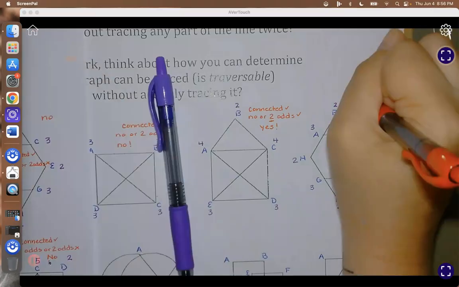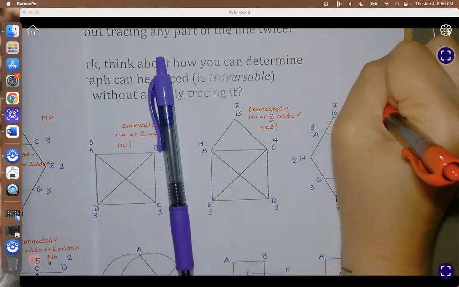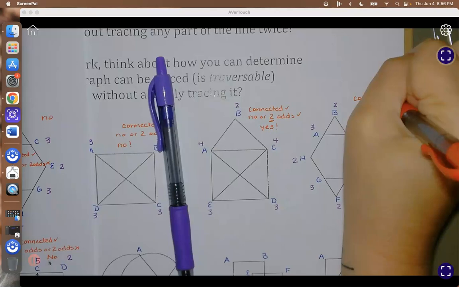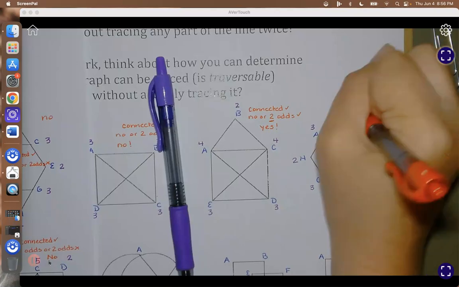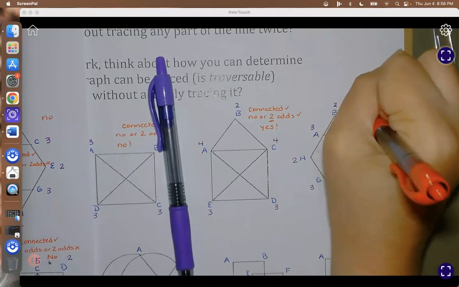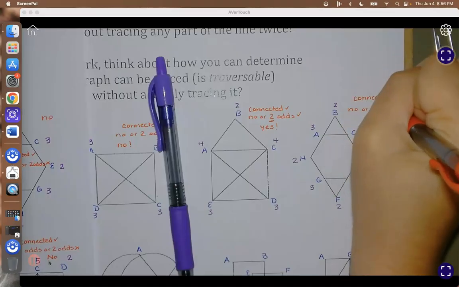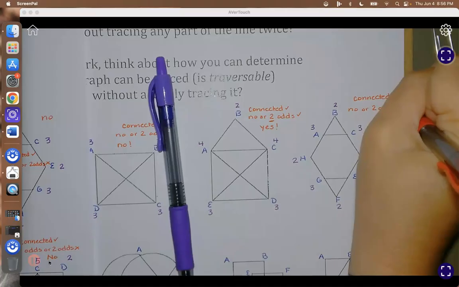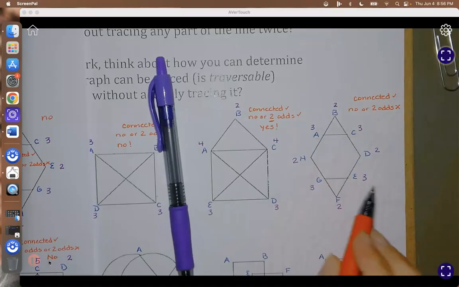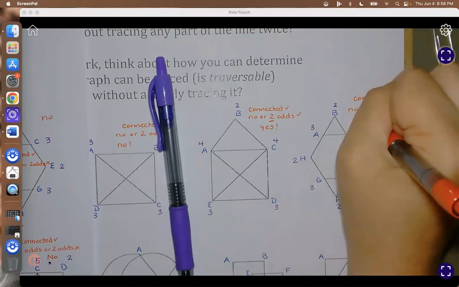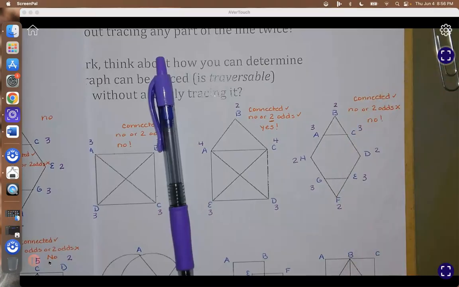So this one is connected, yes. No or 2 odds? That's where it fails because it has 4 odds. So the answer here is no. Okay, so what I want you to do is pause this and try the last 4 and then check them with mine.